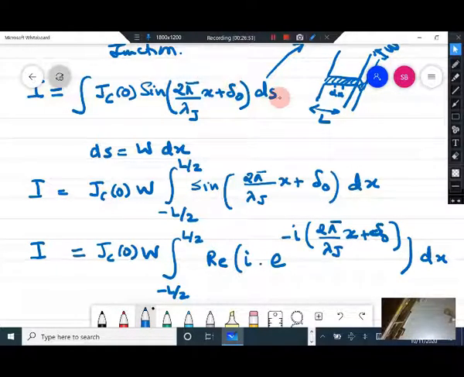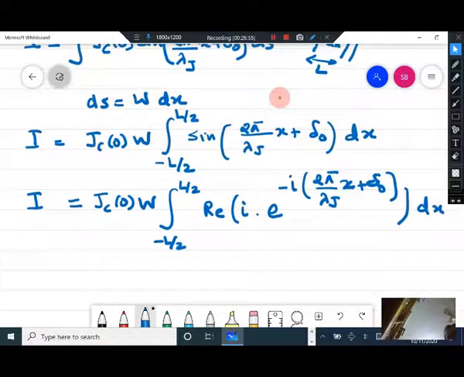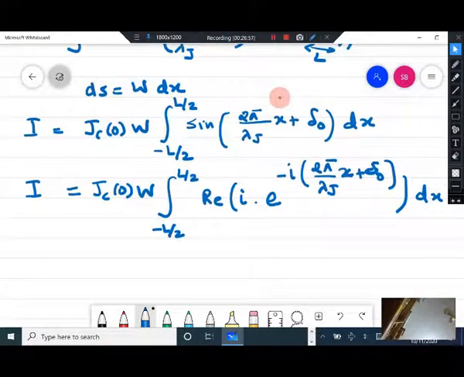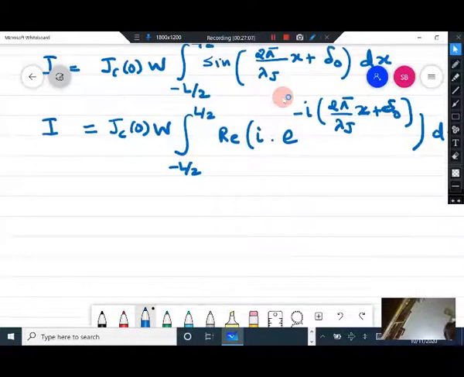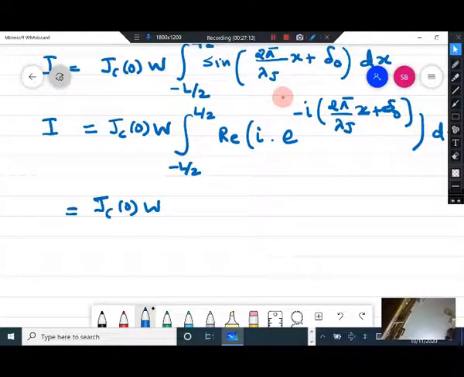That is well understood. You just want the real part, you don't want the cosine part, you just want the sine part. So if you integrate that, you will get Jc0. This is understandable, I will not spend time on this.